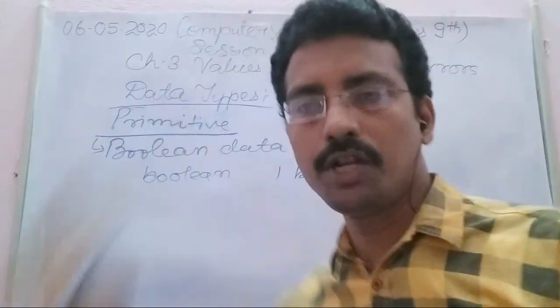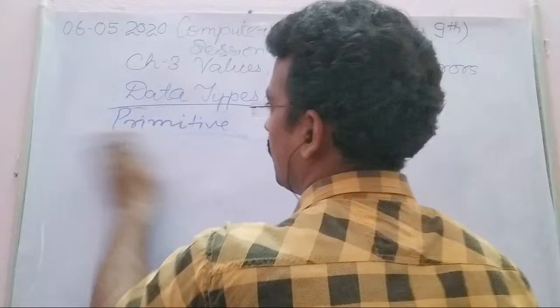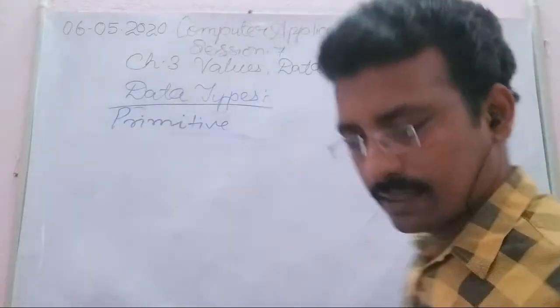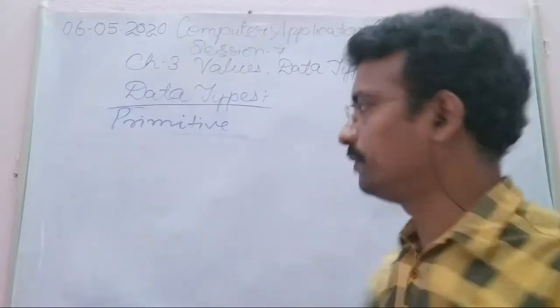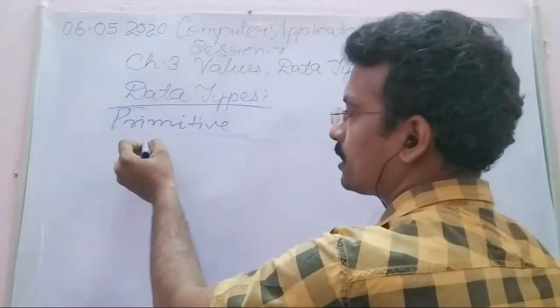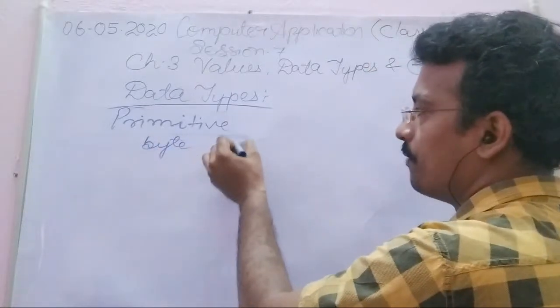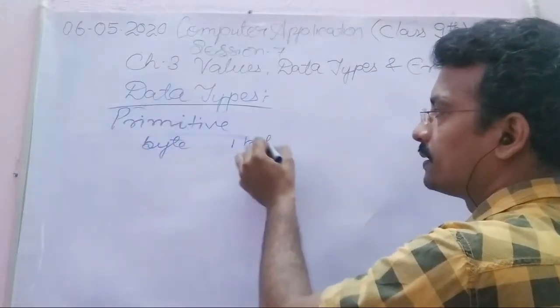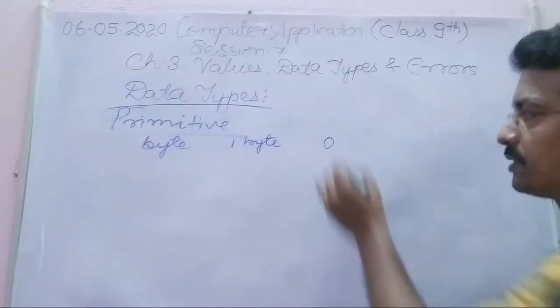So again I am going to introduce all the primitives with their memory space as well as their default value. Starting from byte: byte takes 1 byte of memory space and its default value is 0.